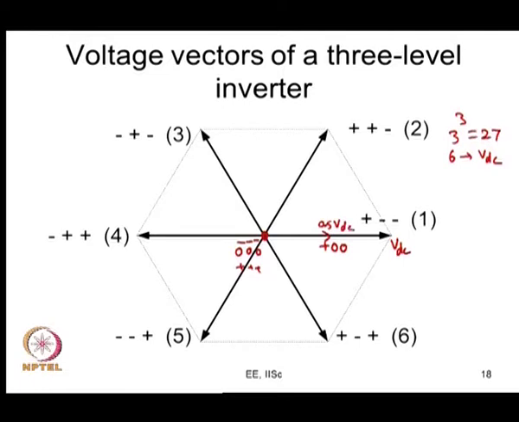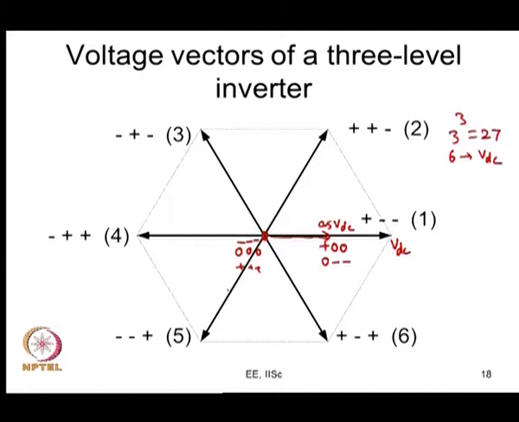Now, if you take the other state, for example 0 minus minus, this also produces the same set of line to line voltages as plus 0 0. So, you can see that these 2 states produce a vector of magnitude 0.5 VDC, and they are aligned with this vector, plus minus minus.